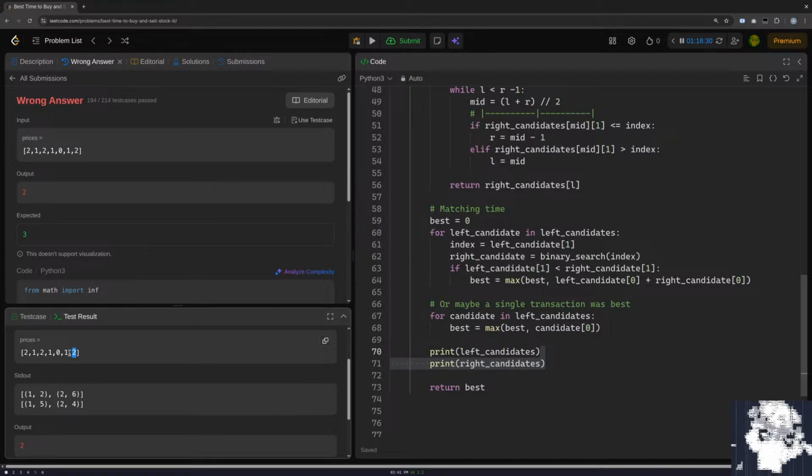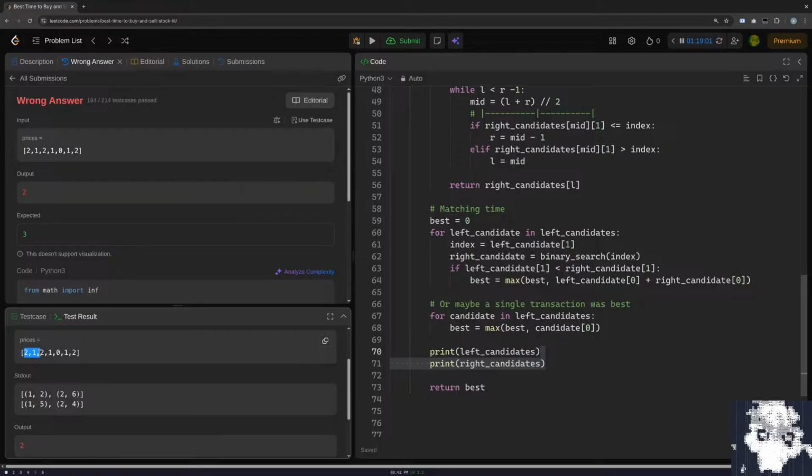I see a problem because 2, 6 should also be a right candidate. No, because its index is the left side. So 1, 5. Wait. Yeah, okay. 1, 5.